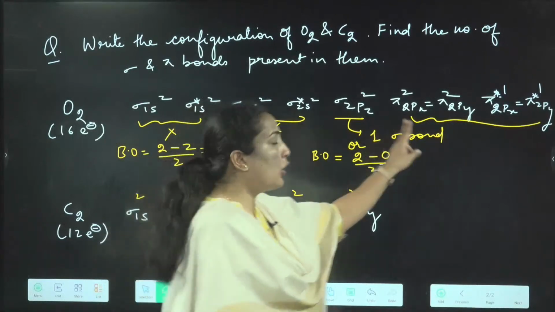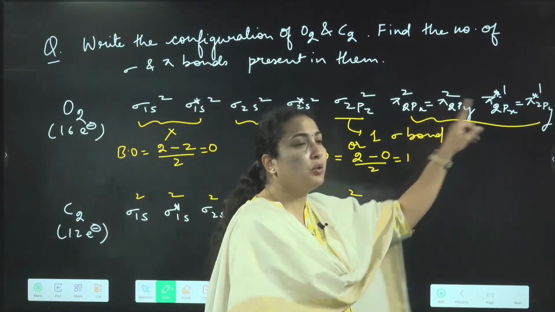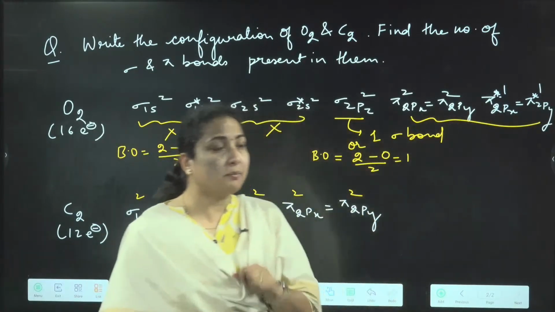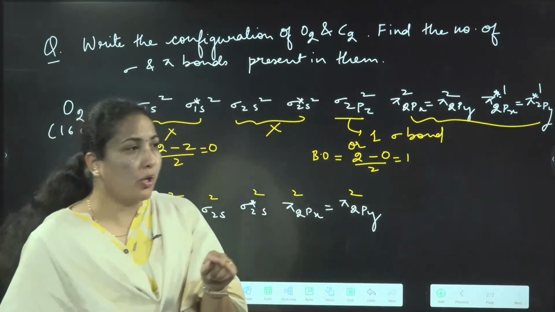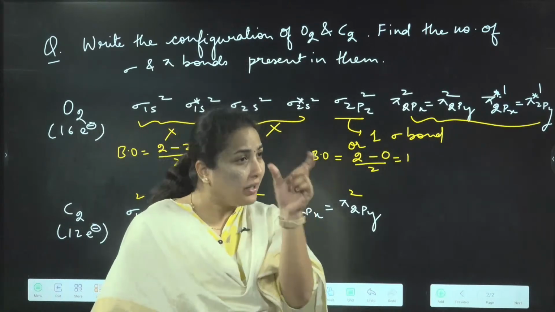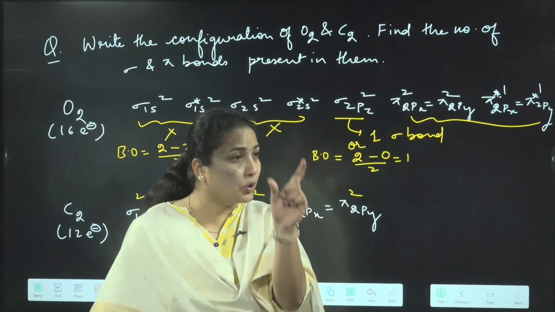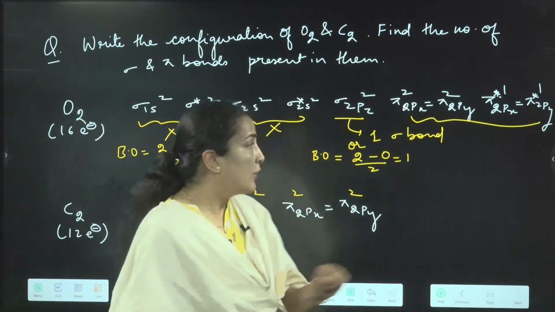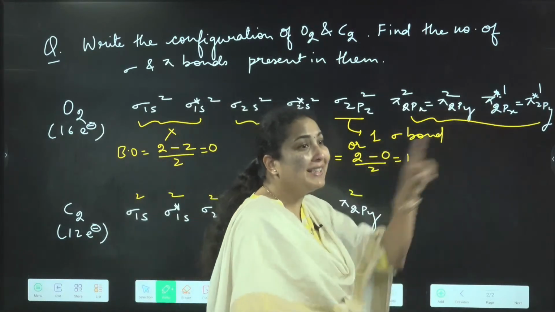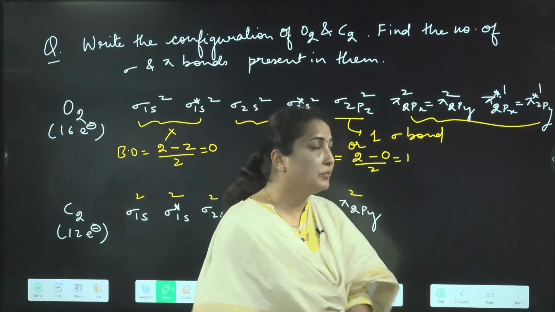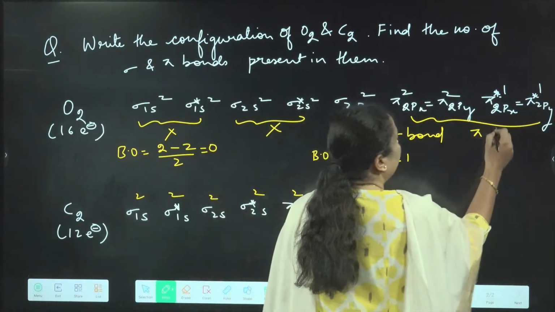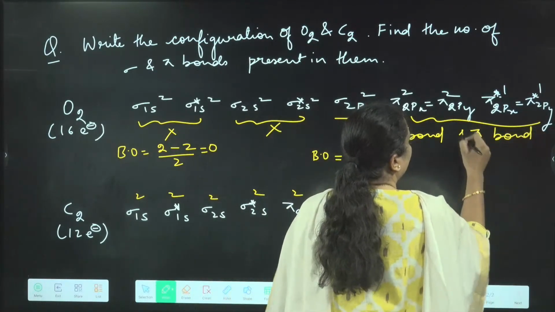So we got to know that there are 2 pi bonds, but you are able to see pi star 2px and pi star 2py. That is also an anti-bonding pi molecular orbital, right? So there again 2 electrons are there. So 2 electrons means 1 bond. So out of 2 bonds, 1 bond is getting cancelled. That's because of the anti-bonding electrons there, right? So basically we are going to have only 1 pi bond.